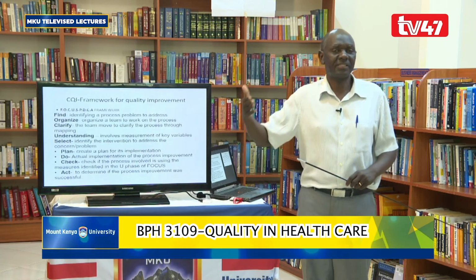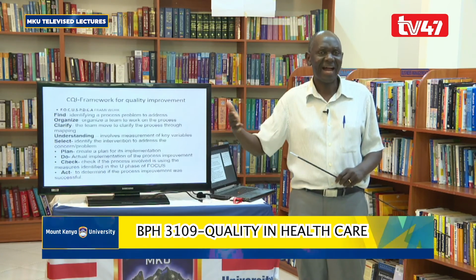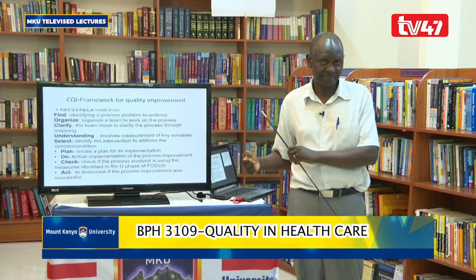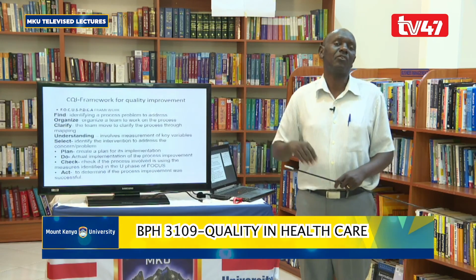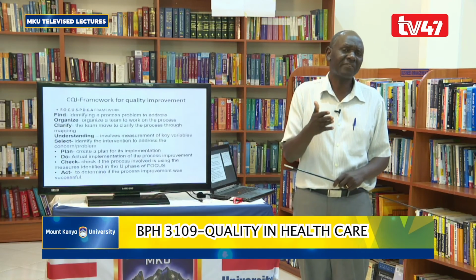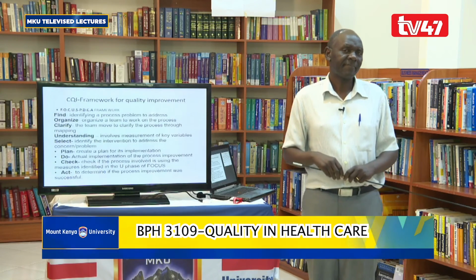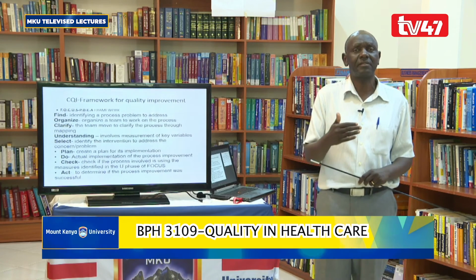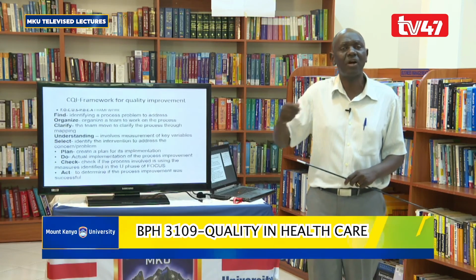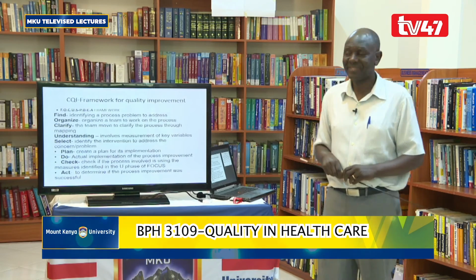What kind of situation will you see at the end of your intervention? So the objective will tell you how far you want to go. And once you have come up with the objective, you must come up with the strategies or the activities, a work plan on how you are going to reach your objectives.